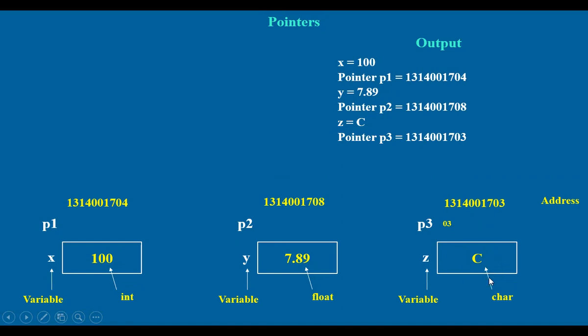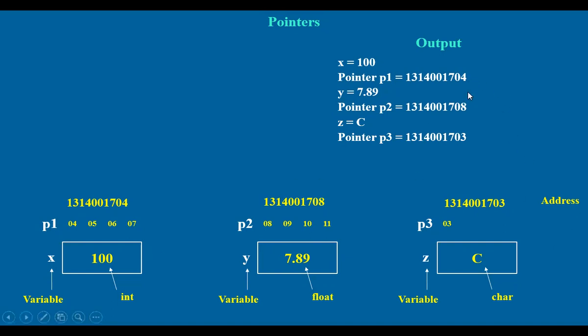Coming to the second one, 4, after 3, it's 4. So 4, 5, 6, 7, four bytes of memory are allocated to this integer. Coming to the third one, it starts with 8, 9, 10, 11. Four bytes of memory are allocated to float Y. That's how we can see how much memory is actually allocated.